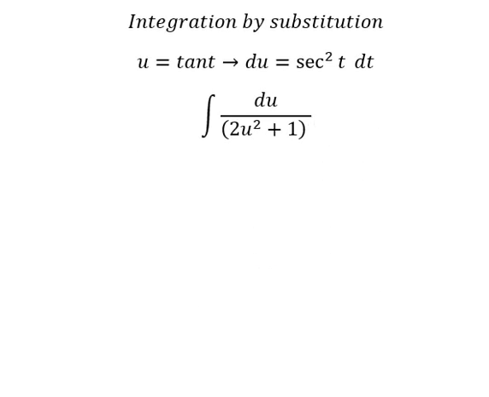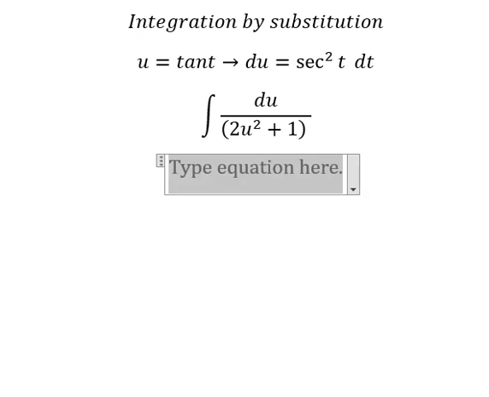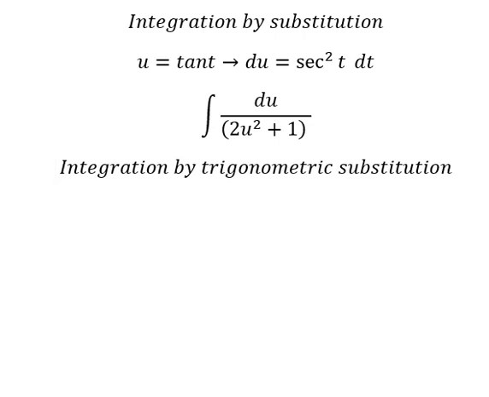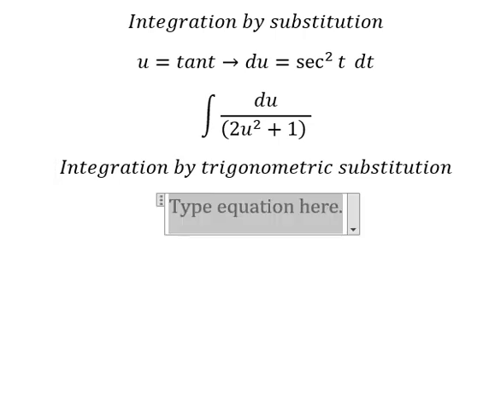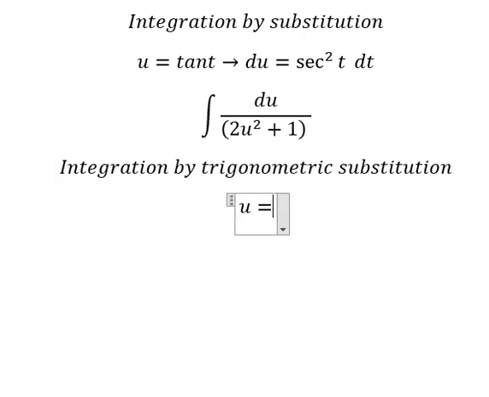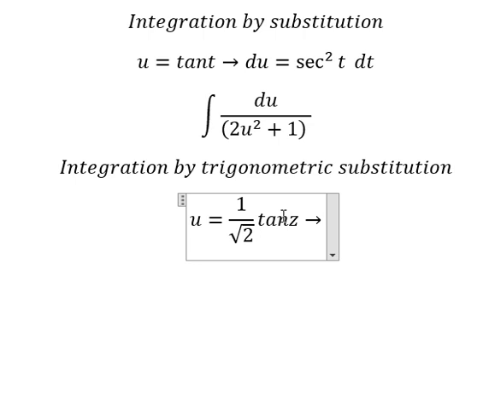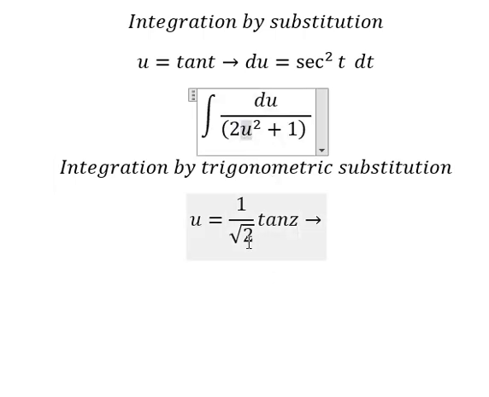And now we can use integration by trigonometric substitution. So I will put u equals 1 over the square root of 2 tan z. Because if I put this one here, we have 1 over 2 tan squared z.